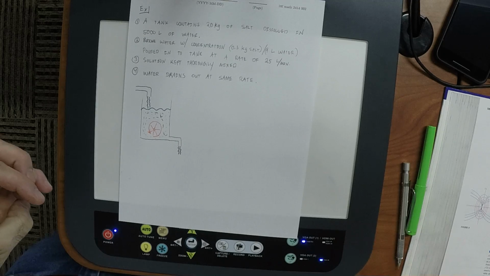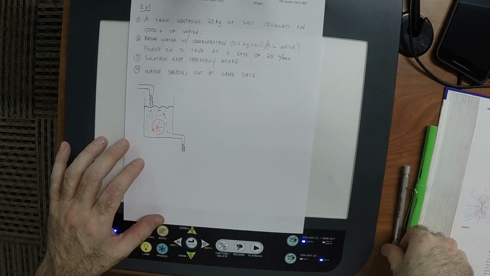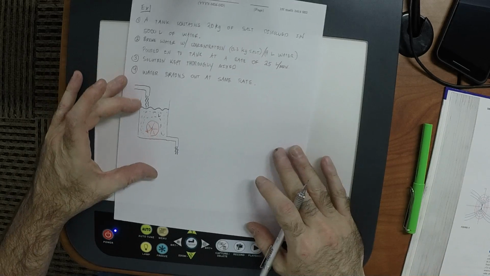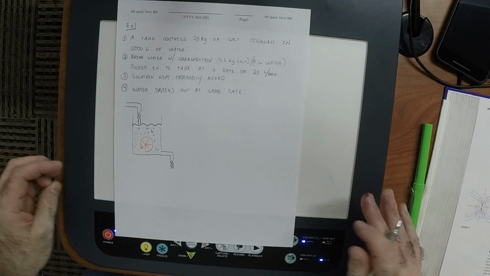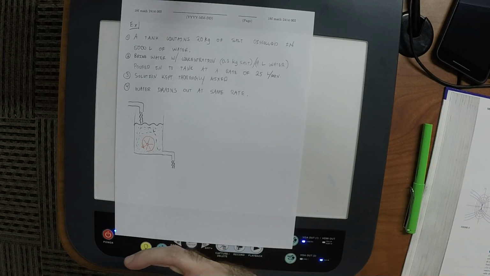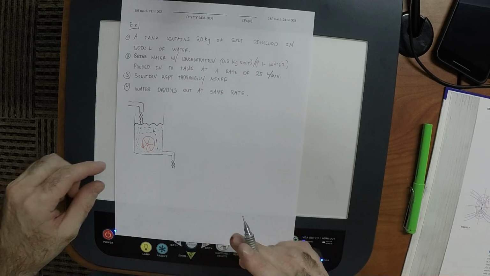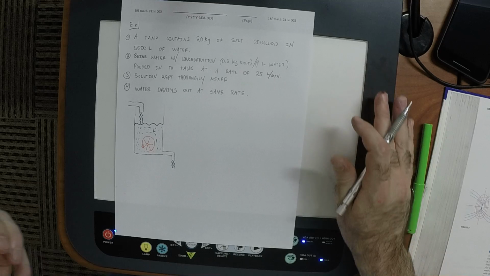So now, here's the deal. We're going to set up a differential equation that answers this question. But before we do that, I want to give you an idea of what's happening. Suppose that you are trying to get a bath ready for yourself.